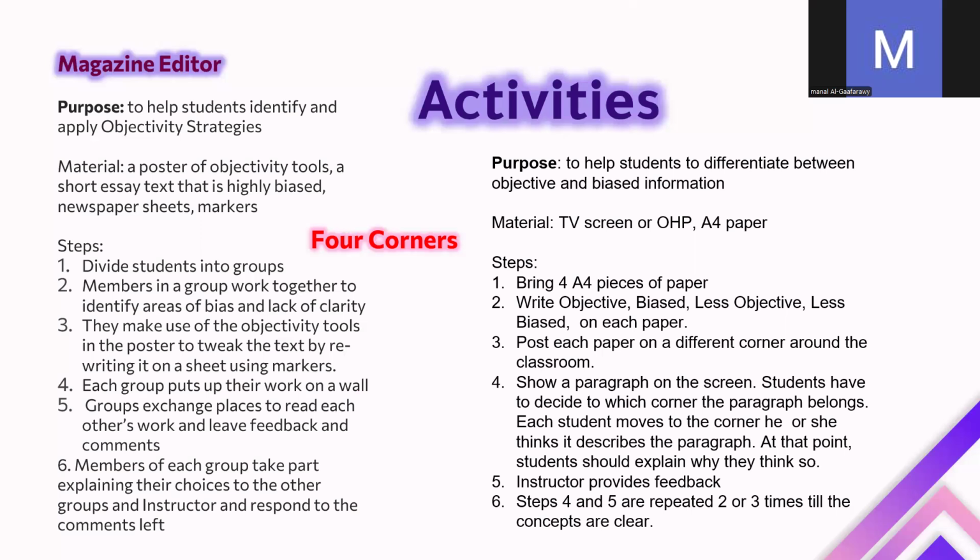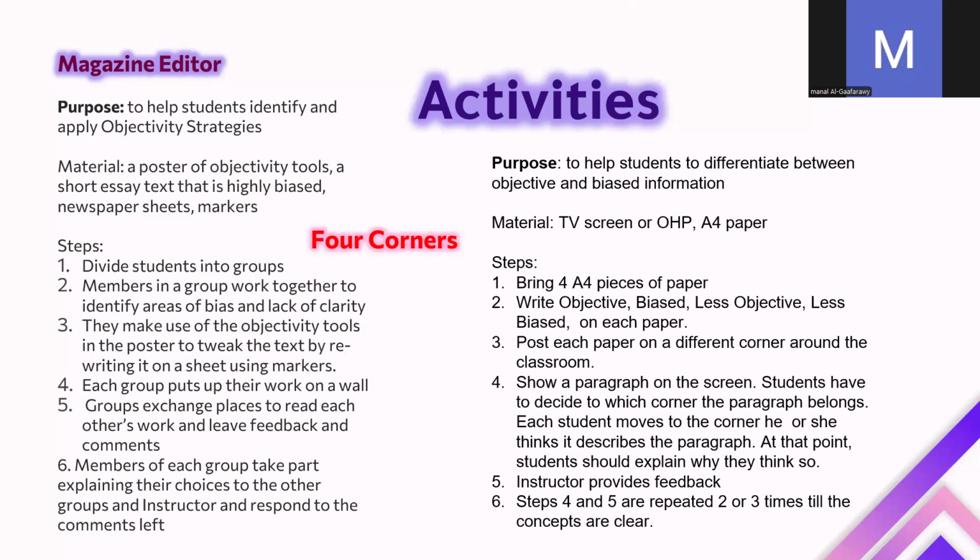The second activity is the four corners. The purpose of this activity is to help your students differentiate between objective and biased information. The materials you need for this are a TV screen or overhead projector and A4 paper. For this, you need to bring 4 pieces of A4 paper.